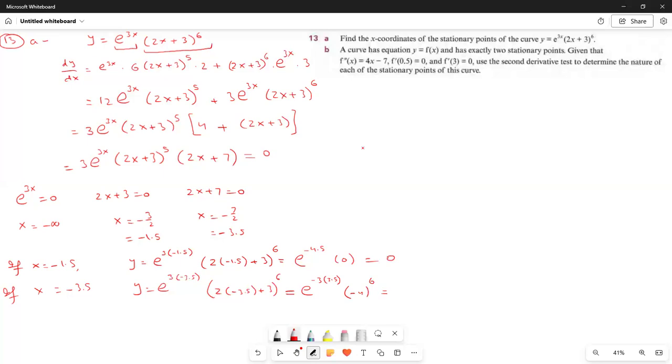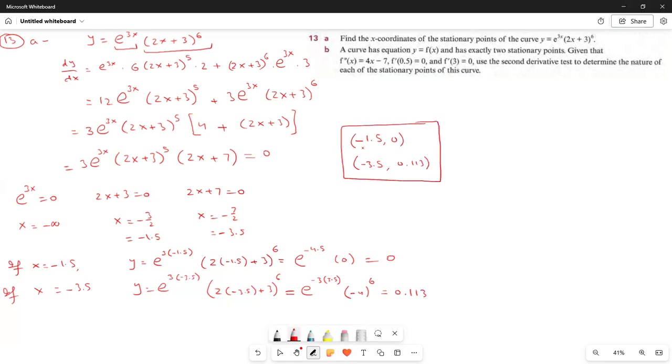When we evaluate this whole thing, it comes out to be 0.113. So the two stationary points: x is minus 1.5 and y is 0, and the second is x is minus 3.5 and y is 0.113. So this is our answer for part A.